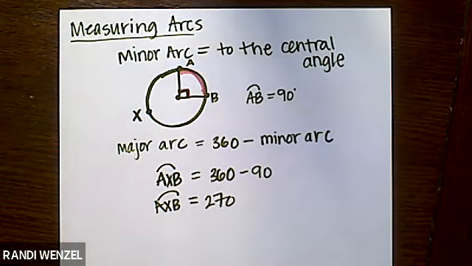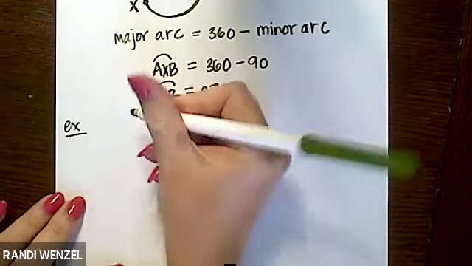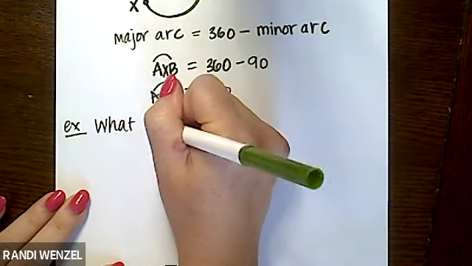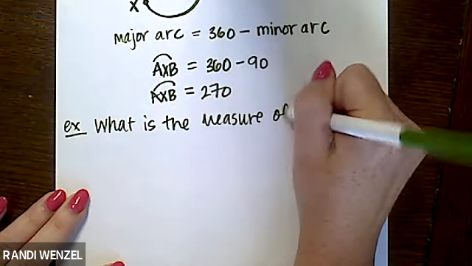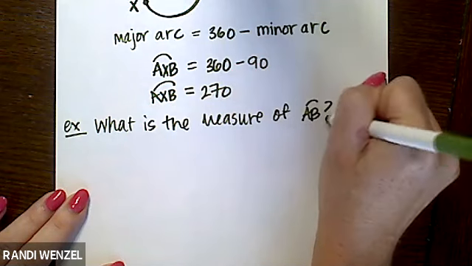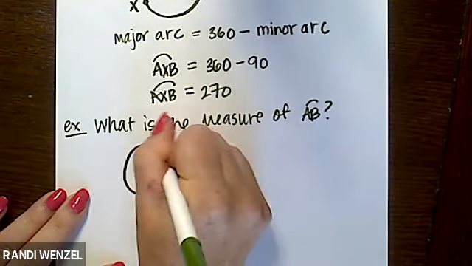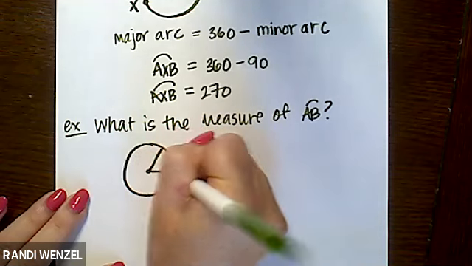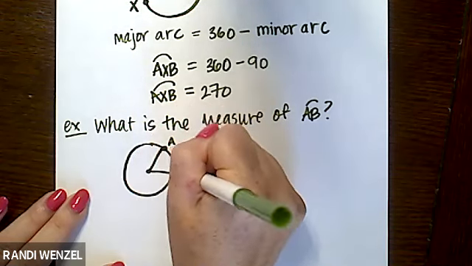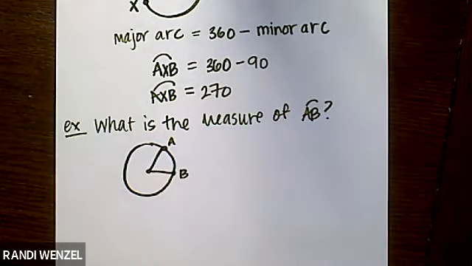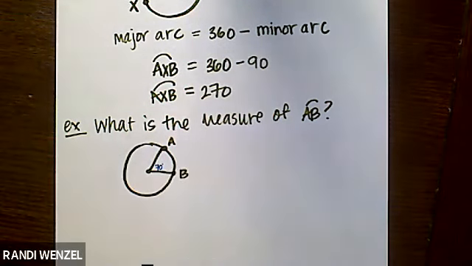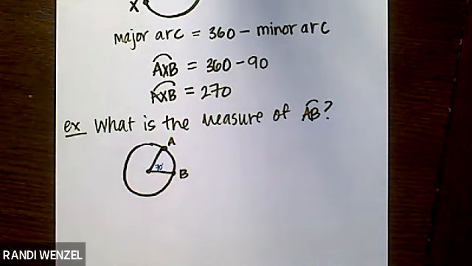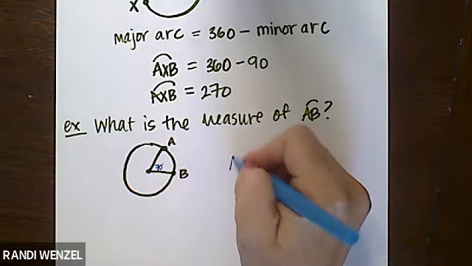I'm going to do some examples that will be similar to what you'll see. So this one will say, what is the measure of arc AB? I'm going to draw a picture. So if you want to pause this, draw this picture and try to answer what AB equals.